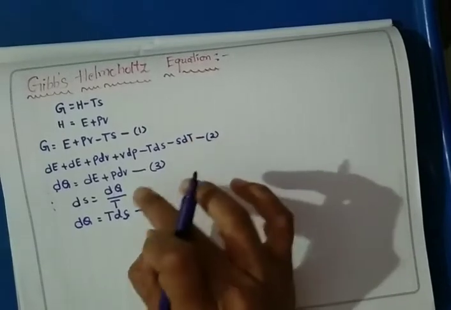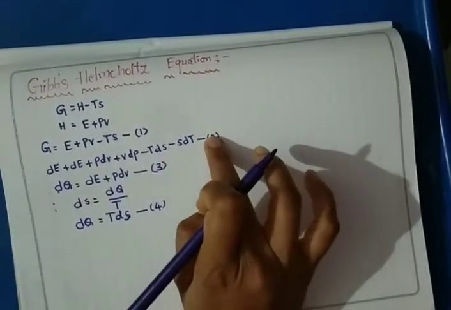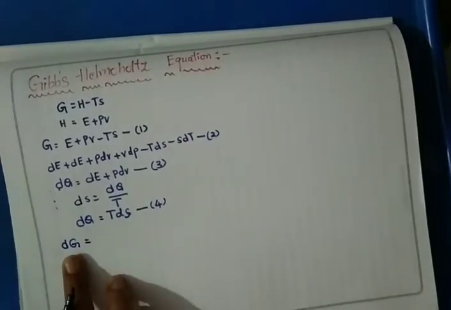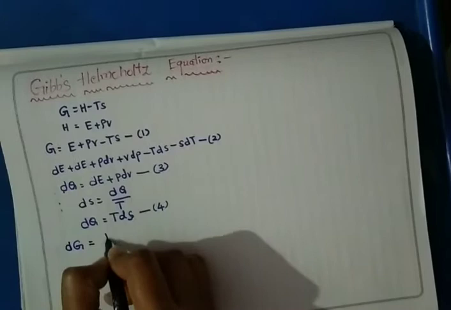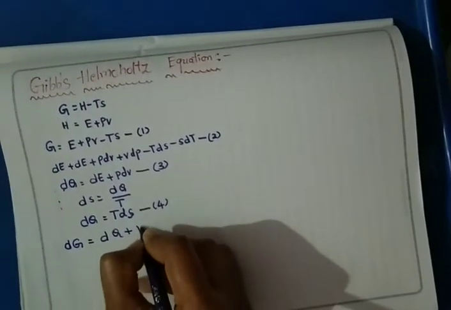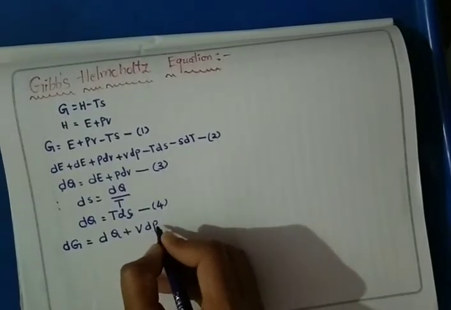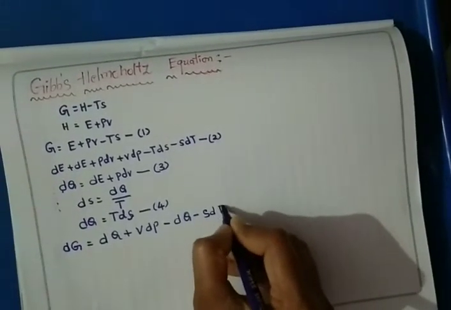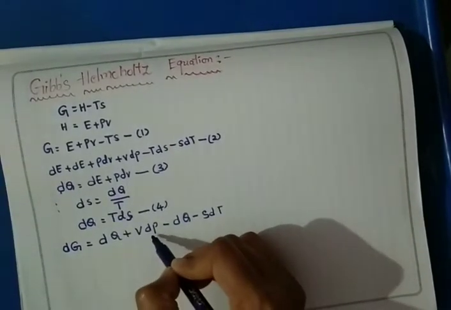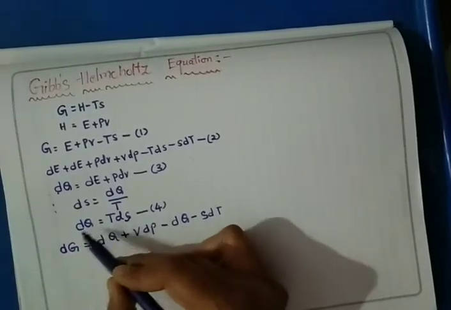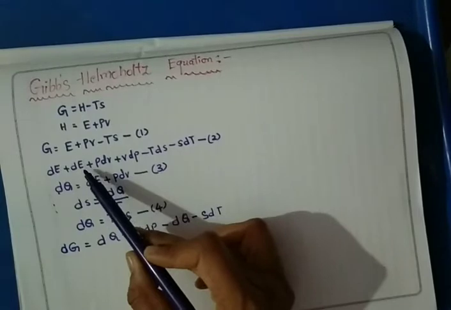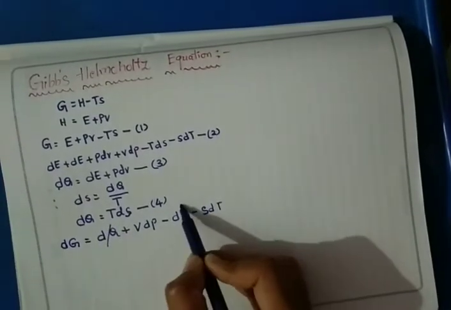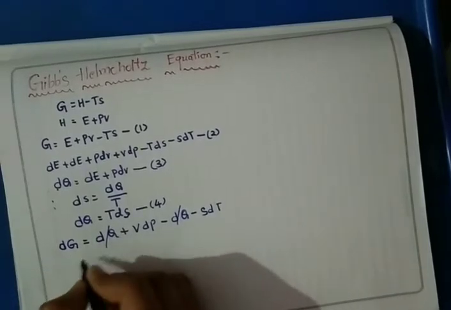So dG is equal to dq plus VdP minus dq minus SdT, where dE plus PdV is dq and TdS is dq. So both cancel.